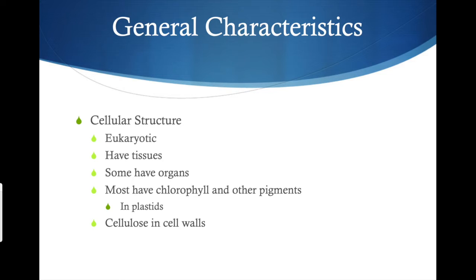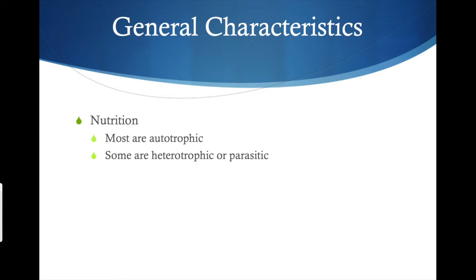Also, plants have cellulose in their cell walls, all right? When we went over photosynthesis, one of the products of photosynthesis we said was sugar, all right? Cellulose is a form of sugar that comes from that G3P that's produced in photosynthesis, all right? So nutrition, most plants are autotrophic, meaning they produce their own food, but some are heterotrophic or parasitic. What is parasitic?